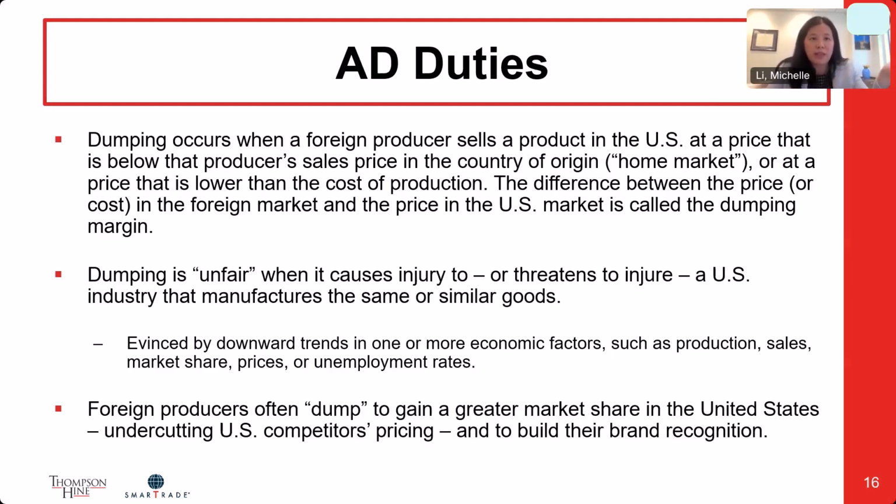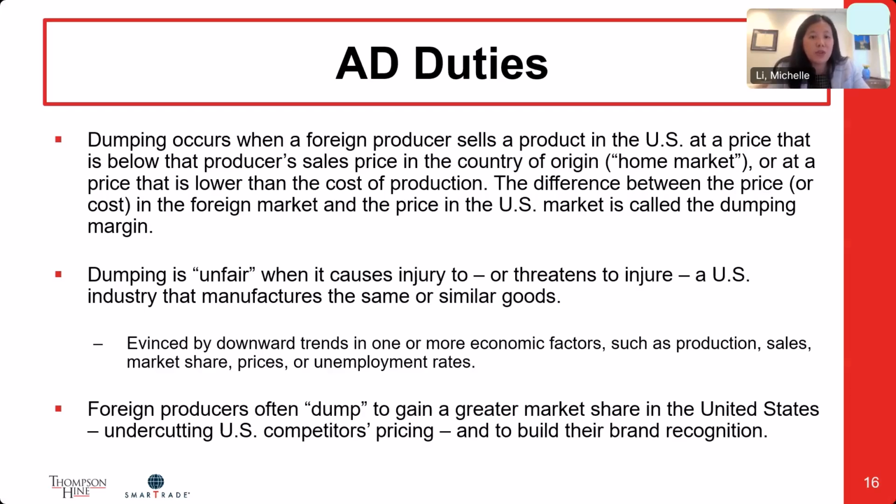You take the price that they sell in their home country and the price that they sell in the United States, and if you see a positive difference, that is where dumping happens. And dumping is unfair when it causes injury to or threatens to injure U.S. industry that manufactures the same or similar goods. Dumping would not matter if there's no injury.